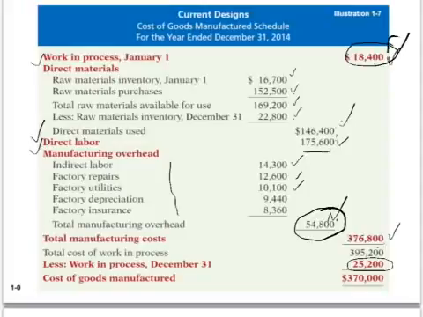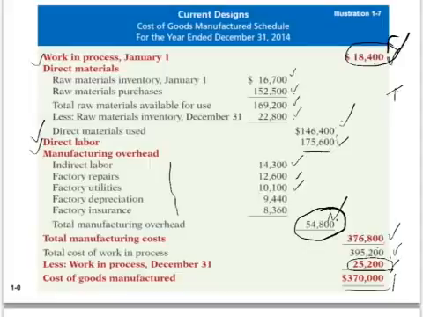Now I add that to $18,400, and I get $395,200. And I count the ending work in process at the end of the year. That is the uncompleted desks. And if I was working on $395,200 worth of desks, and I have $25,200 worth of uncompleted desks, the value of what I completed would be $370,000.